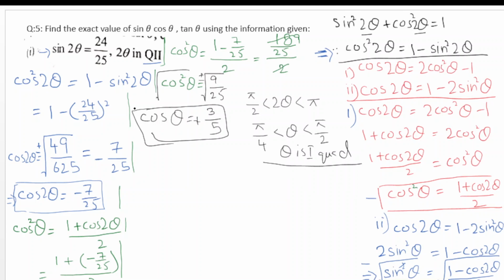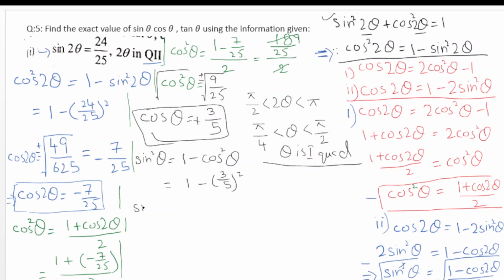Now we have to find sine theta. Simply we will use this formula for sine in a simple way. We know that sine square theta is equal to 1 minus cos square theta. So just put the value: 1 minus 3 by 5 whole square.